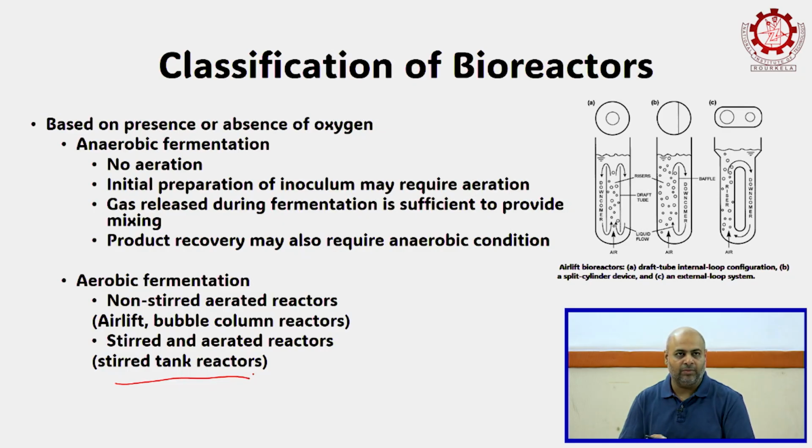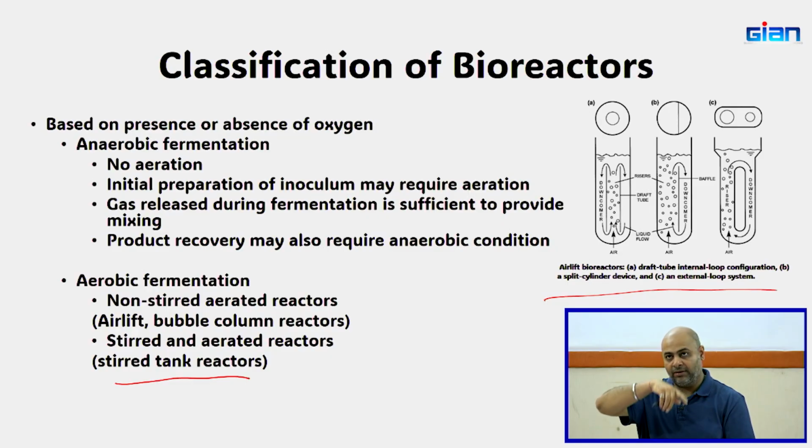So CSTR would be a part of that. Some of the batch reactors would be part of that. Fed batch are also part of that. On the right hand side, you can see an example of airlift bioreactors, where you have the draft tube internal loop configuration, a split cylinder device, and then you also have an external loop system. So you'll see the majority of these things are moving.